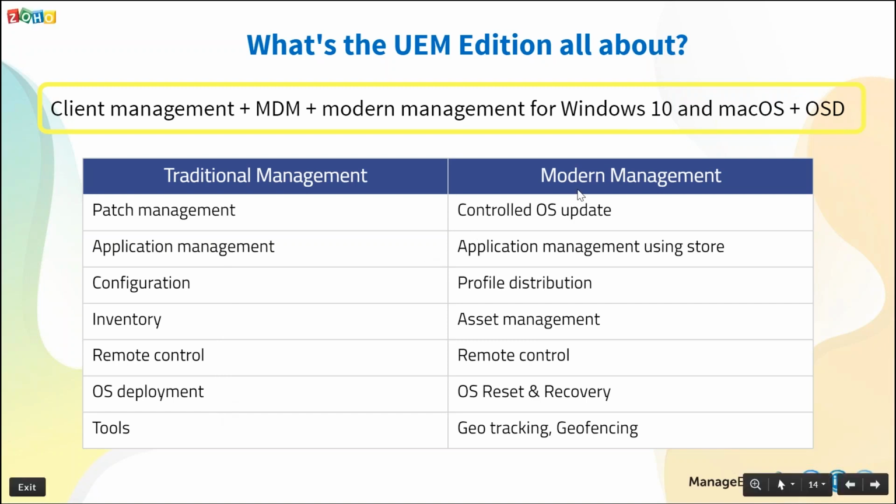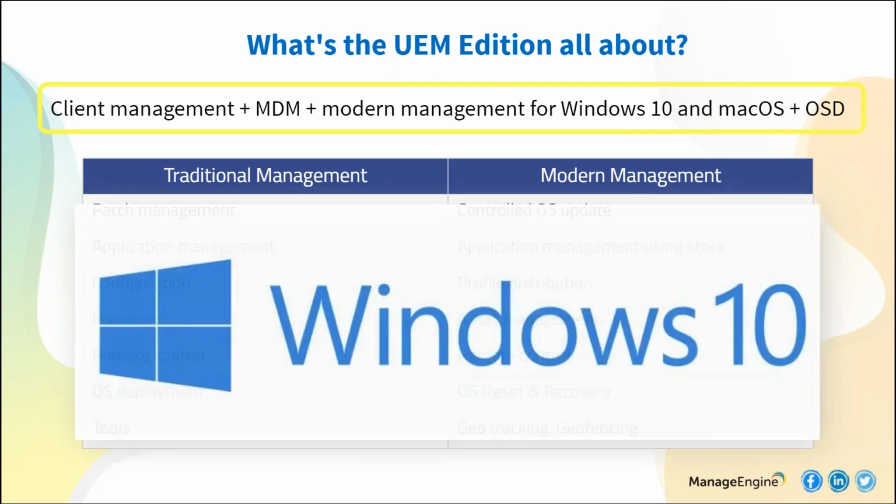On the other hand, with modern management, one will be able to support features such as geo-tracking, geofencing, managing store applications, profile distribution to enforce restrictions, operating system reset, and recovery. Windows 10 is a classic example of managing both traditional and modern management.